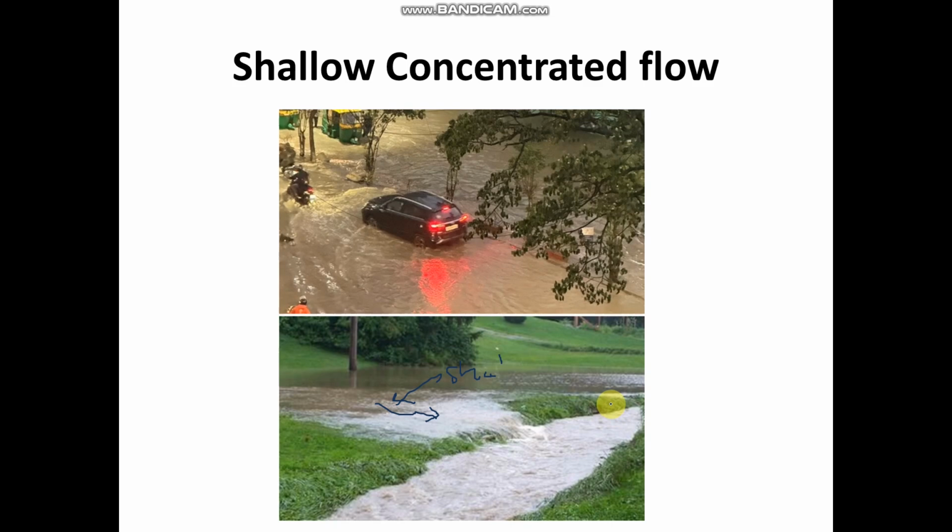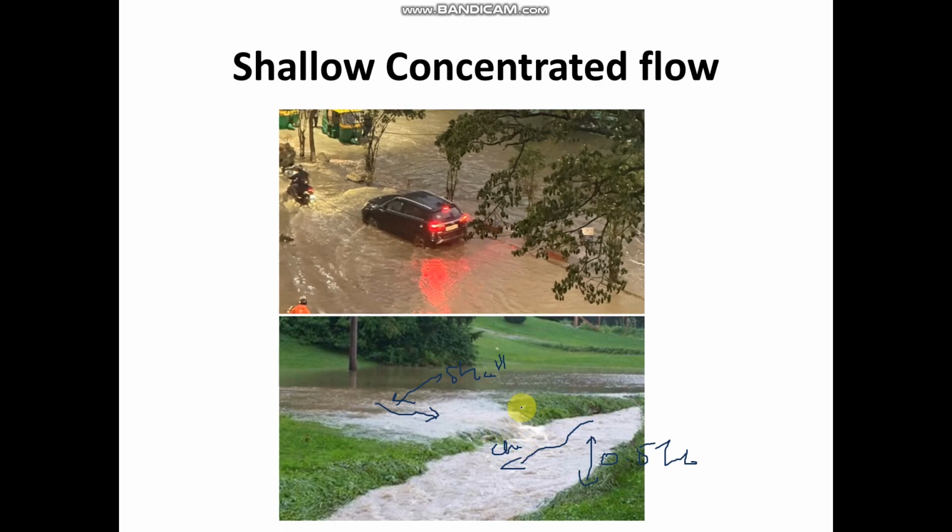Perhaps it's a road channel, I believe. You can see it has a visible depth of flow. This depth is more than 0.5 feet or 15 centimeters. So here this is a shallow concentrated flow and this is a channel flow.